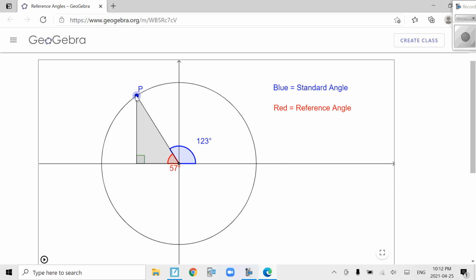So they are not the same angle measurement, but what you can see is that the angle measurement, 146, and the reference angle, 34, add up to 180 degrees, which is along the negative x-axis. So to figure out what the reference angle is in this quadrant, I just take 180 degrees, subtract my angle to get my reference angle, and that will happen for any angle in quadrant number 2.